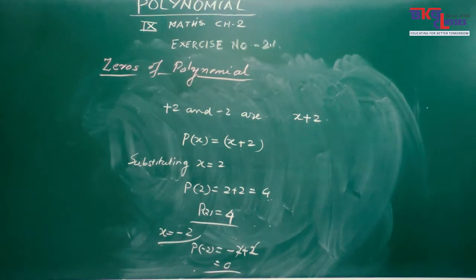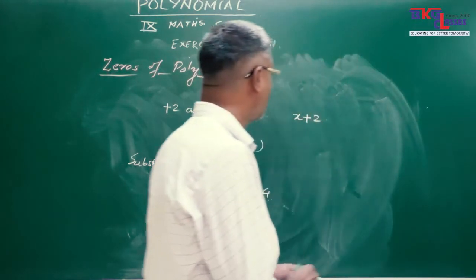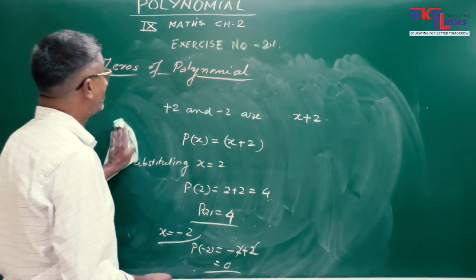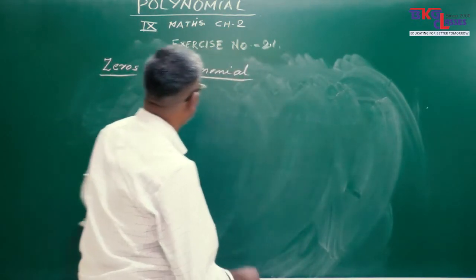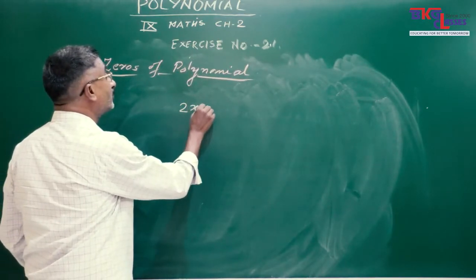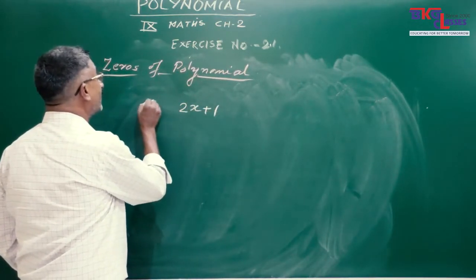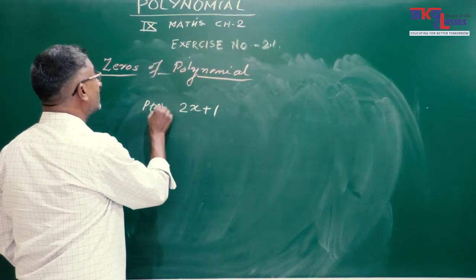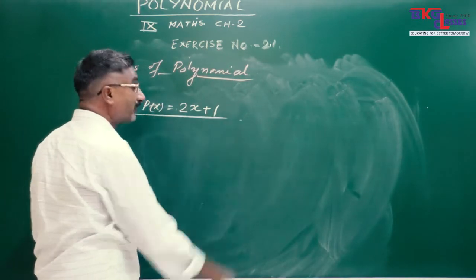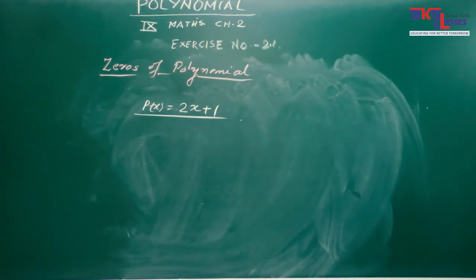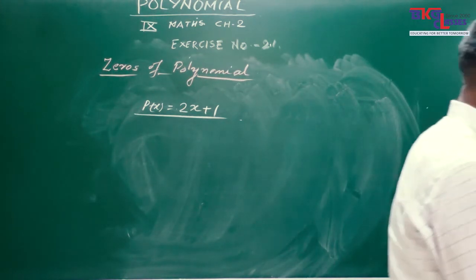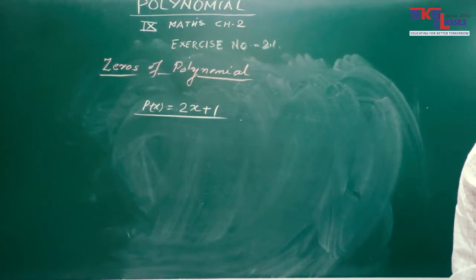Find the zero of the polynomial P(x) is equal to 2x plus 1. This is example number 4. We have to find out the zero of the polynomial. It means finding the zero of P(x), solving the equation.